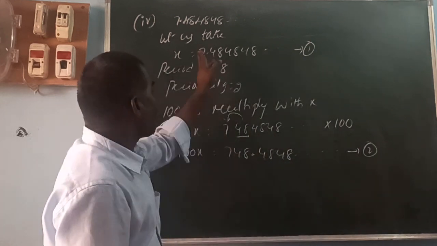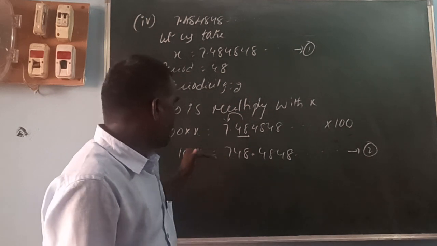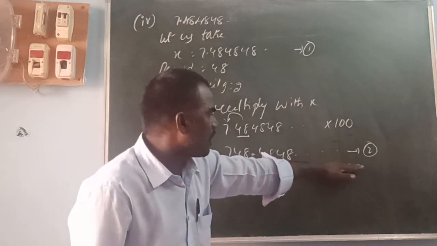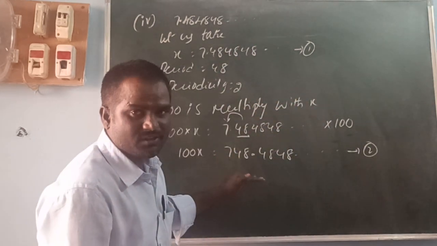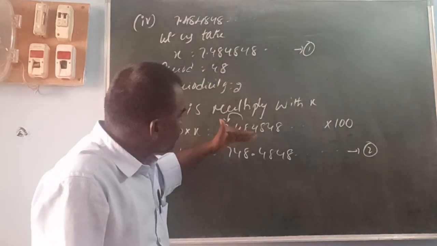The first equation is x equals 7.4848 and so on. The second equation is 100x equals 748.4848 and so on. In these two equations, which is the greatest one? The second equation. Which is the smallest one? The first. The smallest one is subtracted from the second one.